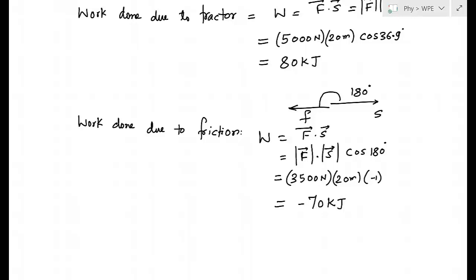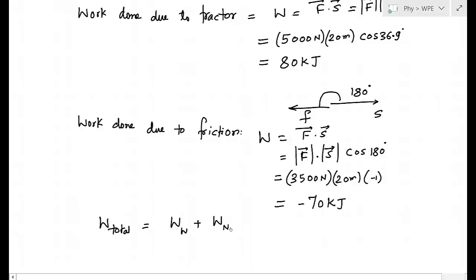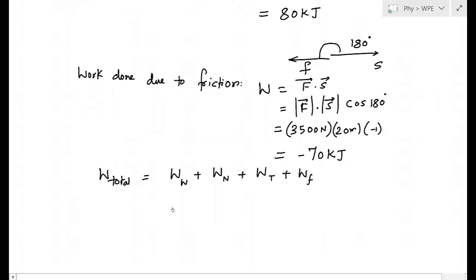So now we can calculate the total amount of work. So that is total work. This will be work done due to weight, where W denotes weight, work done due to normal reaction, where N denotes normal reaction, and work done due to tractor plus work done due to friction. We calculated work done due to weight is 0 because this is a perpendicular force.